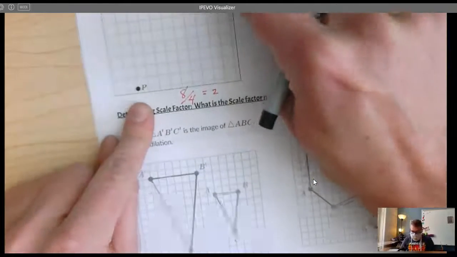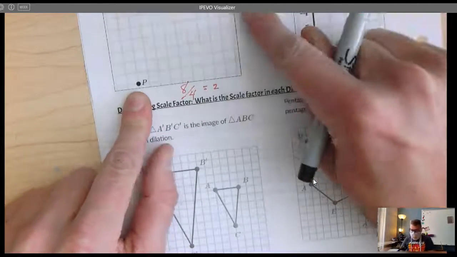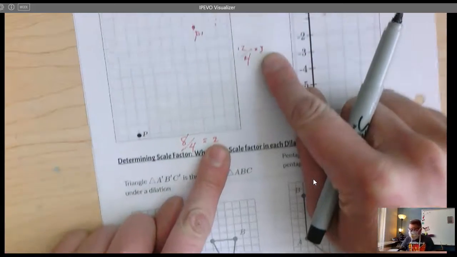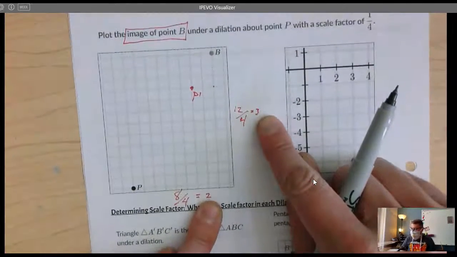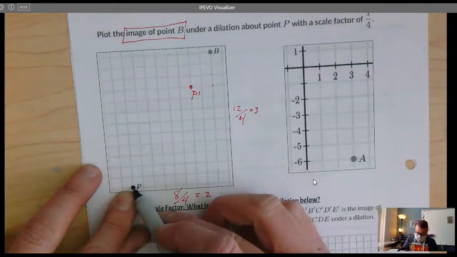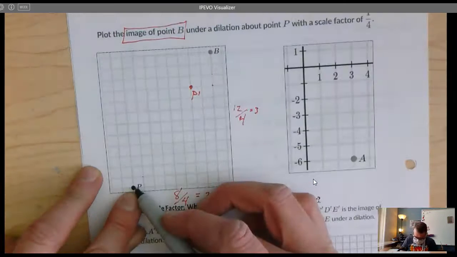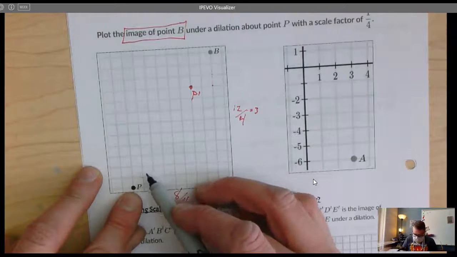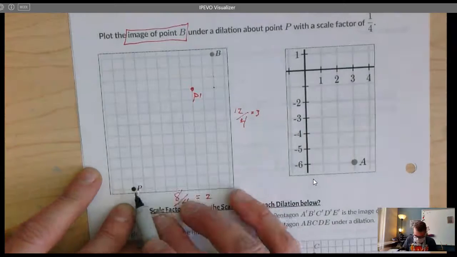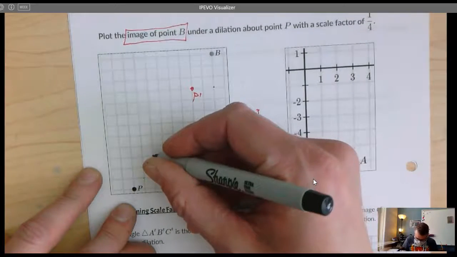So this distance divided by 3, but what we're actually doing is instead of stretching B as far away as it is, we're only stretching it. Remember, we start at P. We only go 3, 2. So 1, 2, 3, 1, 2.